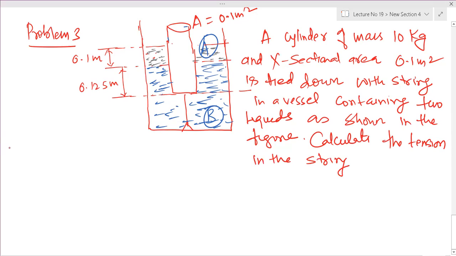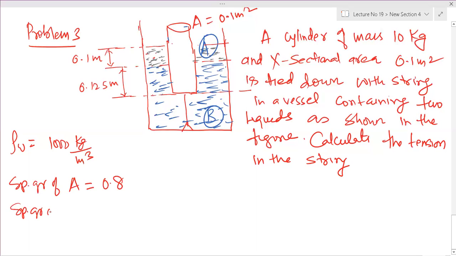You have water density 1000, and specific gravity of A is 0.8, and specific gravity of B is 1, meaning it is water. Okay, so solve this.